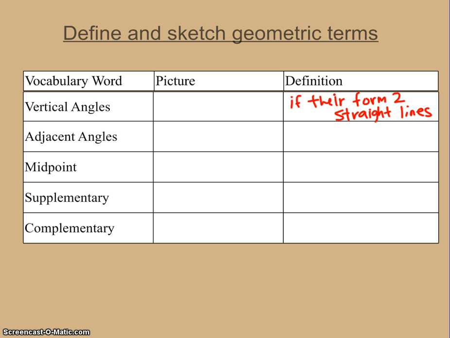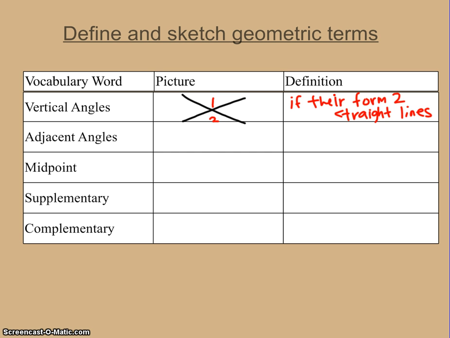So what that means is if I have 2 lines that cross, my vertical angles would be the angles here and here that are basically across from each other. Those are vertical angles.